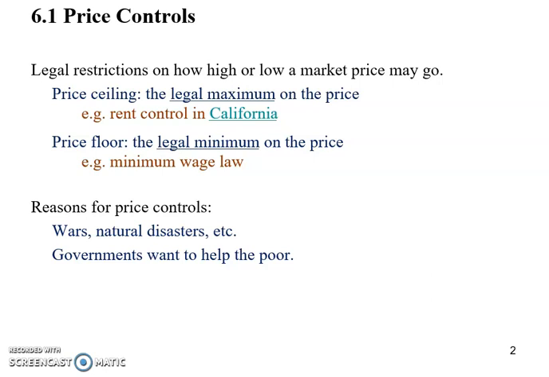We want to look at if the price controls really help the poor, or under what circumstances they do not help the poor, where it could go wrong. These are what we're gonna talk about in the next few videos.